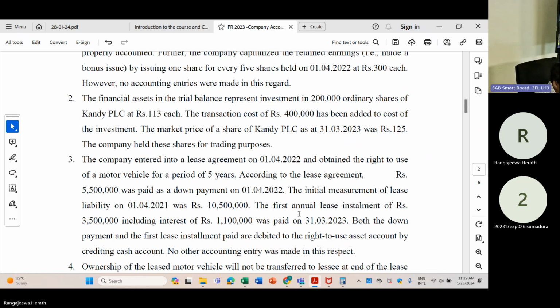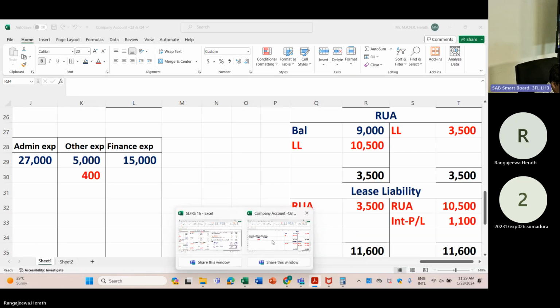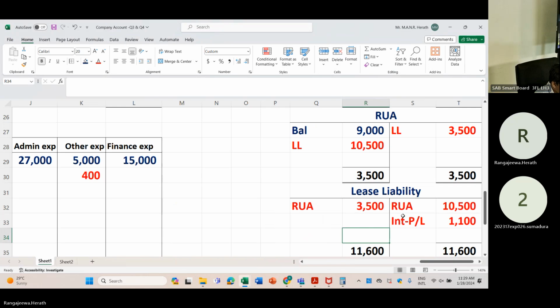The first lease installment 3,500 including interest 1,100. Now you can have the right of use asset balance carry forward.